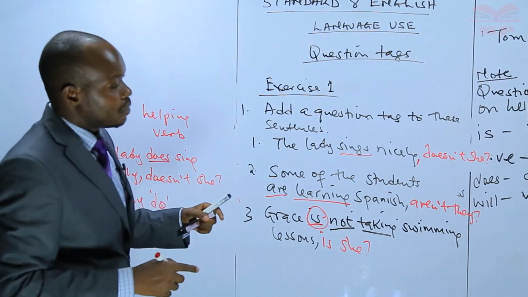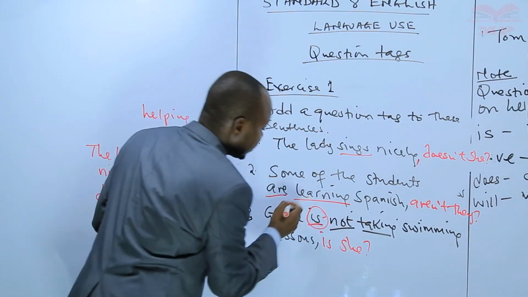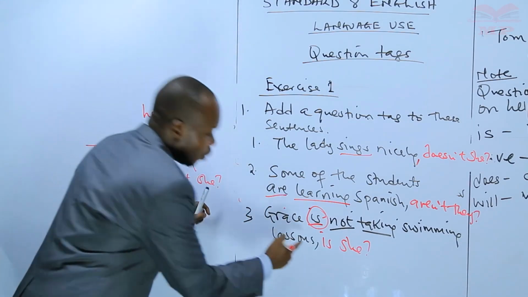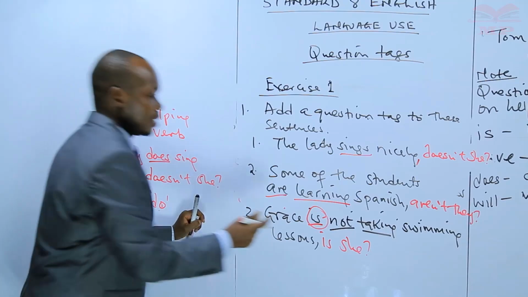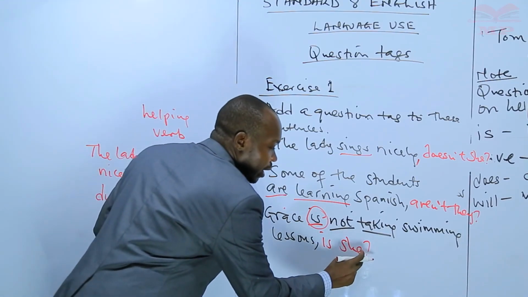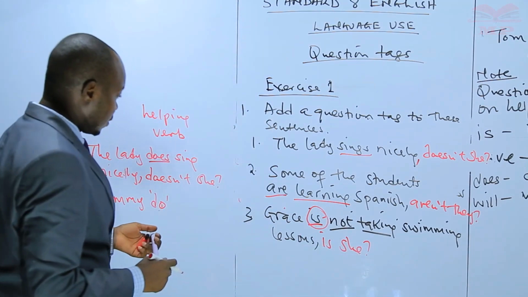Grace is not taking swimming lessons, is she? She will replace Grace. Right? And I said you must put a comma first. This must be a small letter. Then you are going to have a question mark at the end of that question tag.